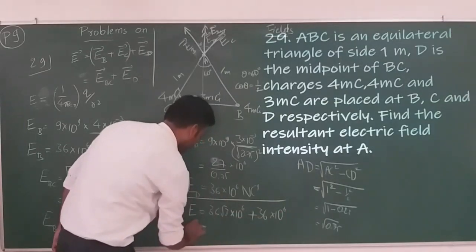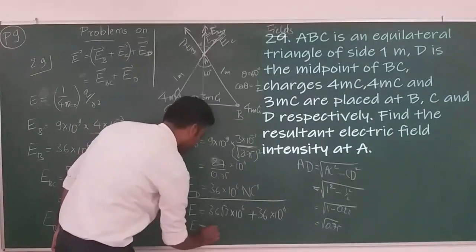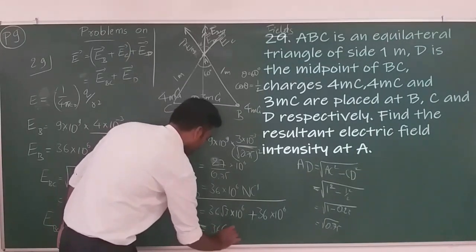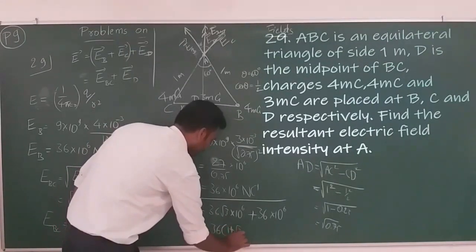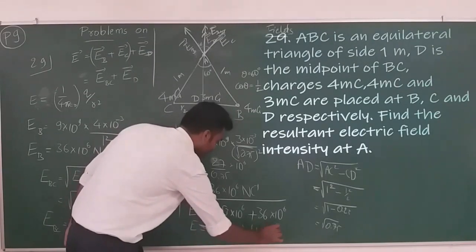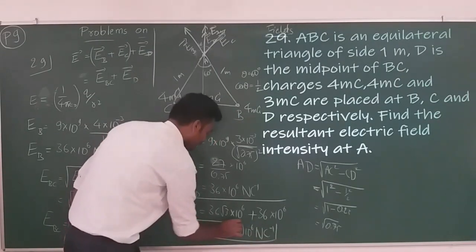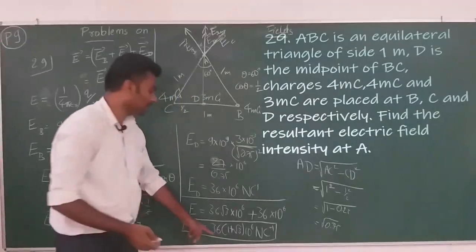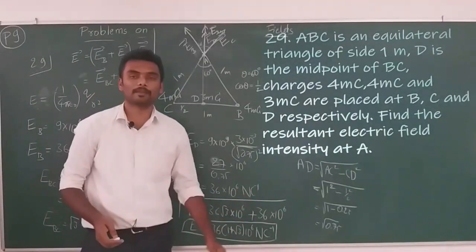Simplify, make use of the calculator. If not, you can keep this as 36 of 1 plus root 3 into 10 to the power of 6 Newton per coulomb. Make use of a calculator to get the value of root 3, add it with 1, multiply it with 36, and keep the final answer.